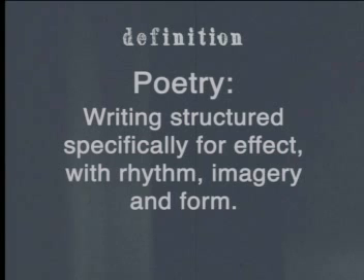We can define poetry very generally as writing structured specifically for effect, with rhythm, imagery, and form. Now, this is not the most comprehensive definition of poetry, but as we work through these lessons, you will understand and see these characteristics more clearly.